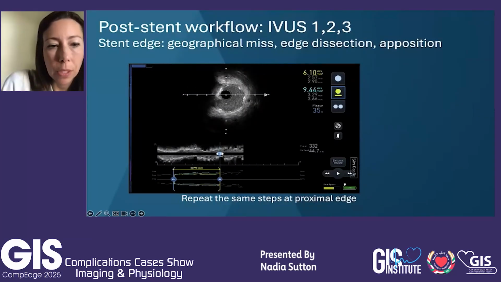So in this particular example, you could identify here at the edge if there's any issues with apposition, geographic miss identified by plaque burden more than 40 to 50%, and any edge dissection.